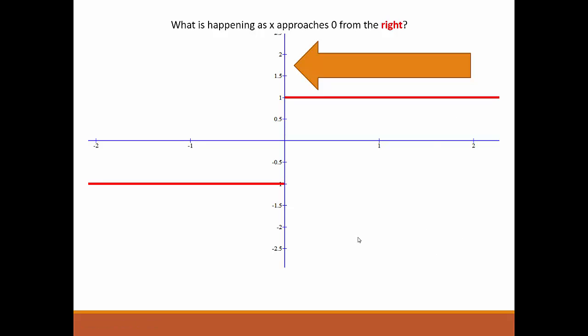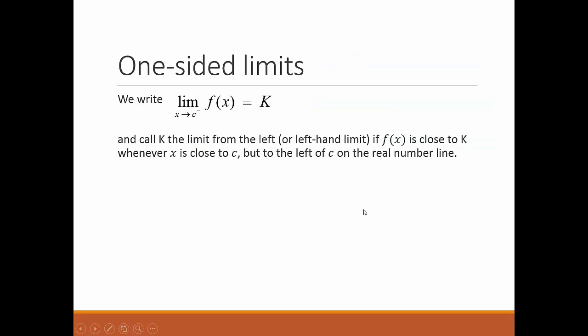Looking at this graph, we certainly can see different things are happening depending on which side we're approaching 0 from. If I'm approaching 0 from the left, I'm getting a different value than if I'm approaching it from the right. So this is what we call one-sided limits.